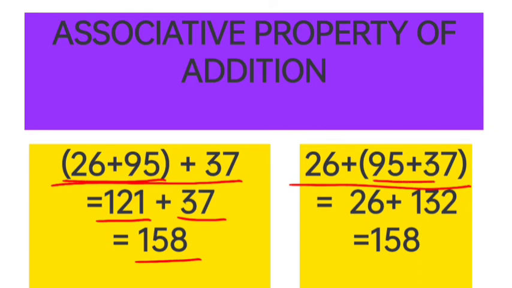First add 95 and 37. What do we get? 132. When we add 26 to this, we get 158. So what do you notice? The sum of the three numbers is the same when we change the grouping of the numbers. This is called the associative property of addition.